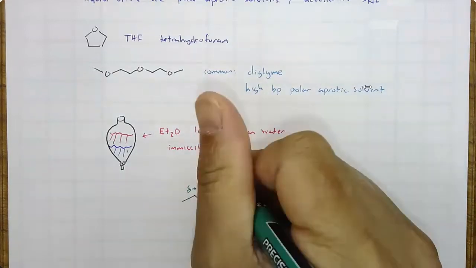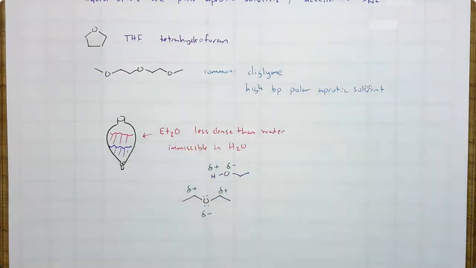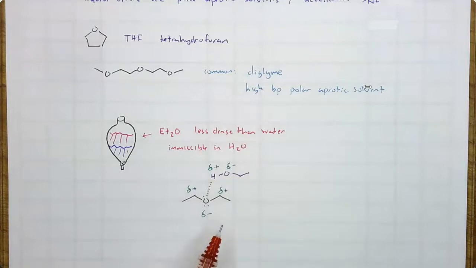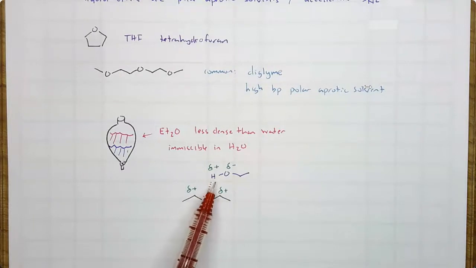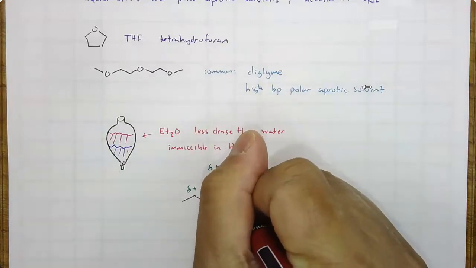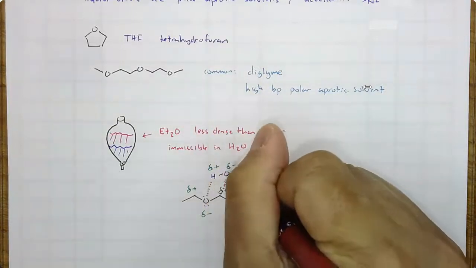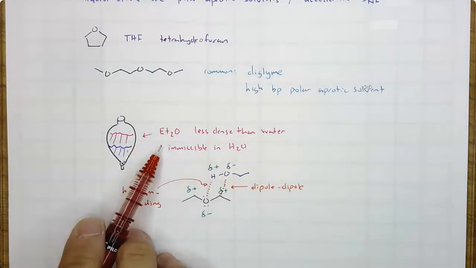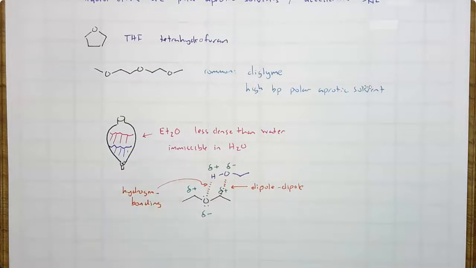We have partial negative here, partial positive here. This is a hydrogen bond. And being a little more specific, this is a hydrogen bond donor because the hydrogen is on this molecule, and this is the hydrogen bond acceptor. Okay. We also have dipole-dipole interactions, right? This is not a hydrogen bond. This is dipole-dipole. Still, diethyl ether will be immiscible in water.